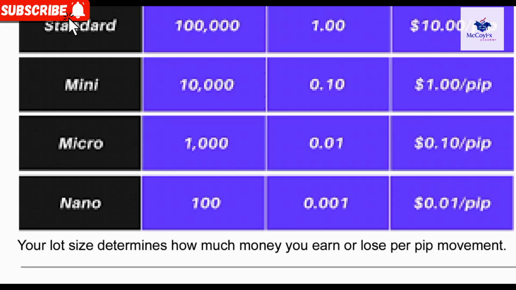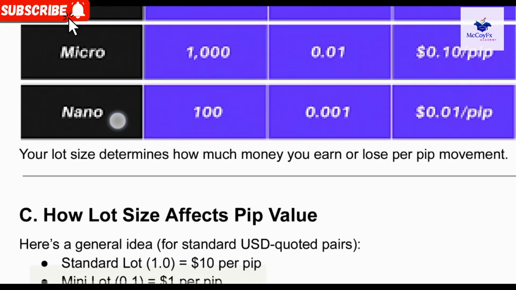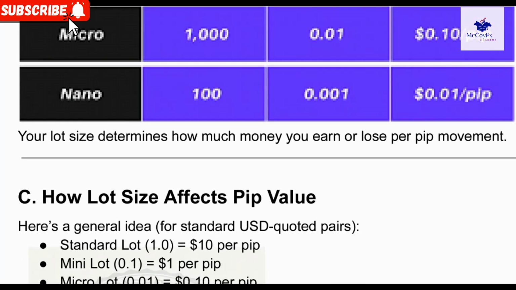Most of the time, as a beginner, you start with the 0.01, which is the micro lot size, depending on the amount you have in your account. So your lot size determines how much money you can earn or lose per pip movement.